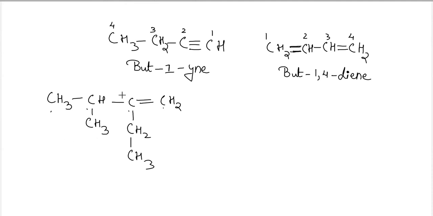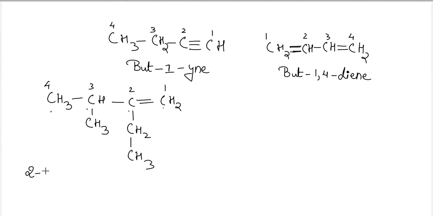So we will not consider the L chain, we will consider the straight carbon chain where two substituent groups are there. According to this, for the two substituent groups, in the second position ethyl is there, and on the third position methyl is there.